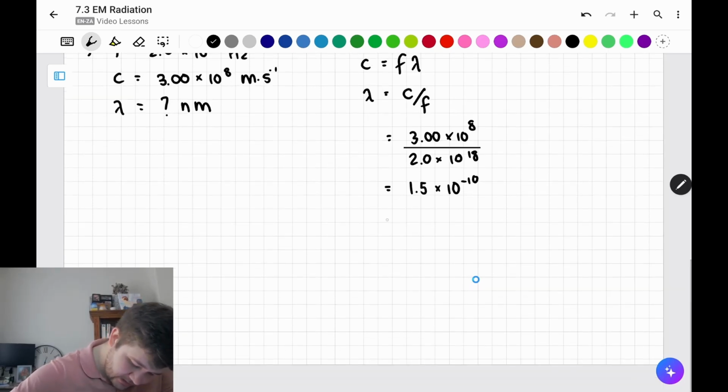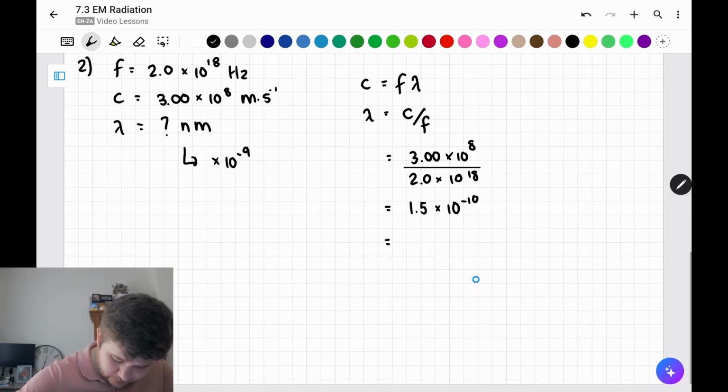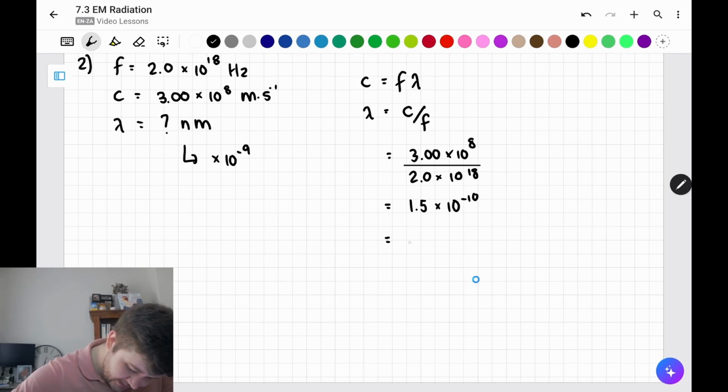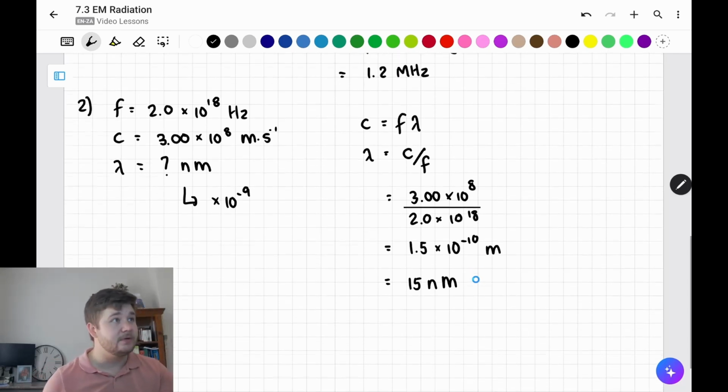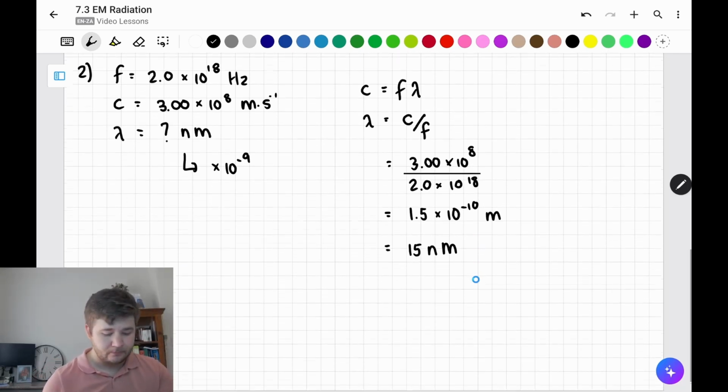They want their answer in nanometers. Nanometers we know is times 10 to the power negative 9. So we will shift our comma by one space, giving us 15 nanometers. Okay, and that is question number 2.